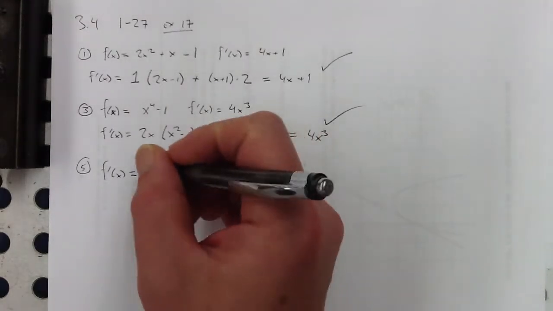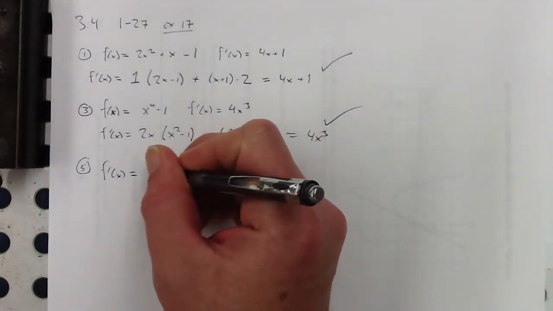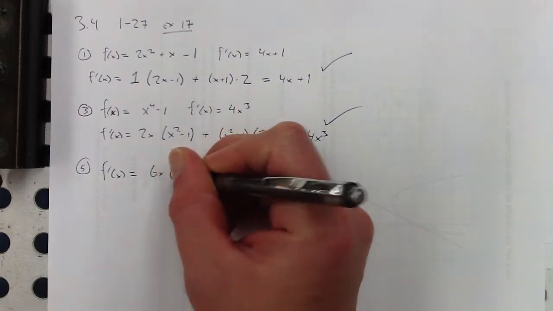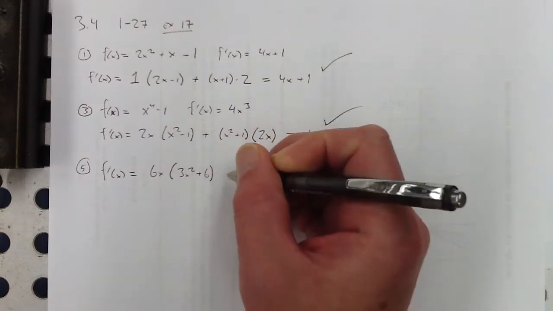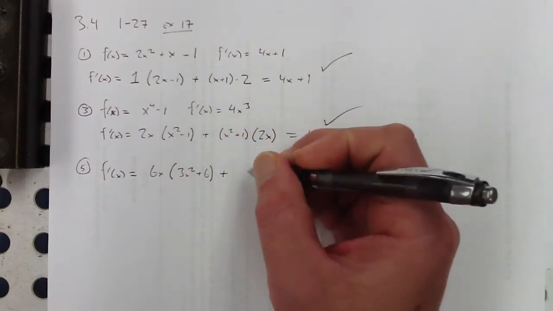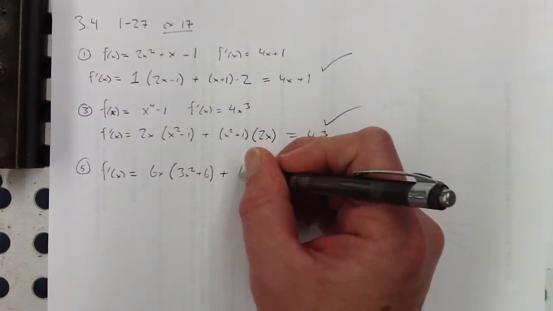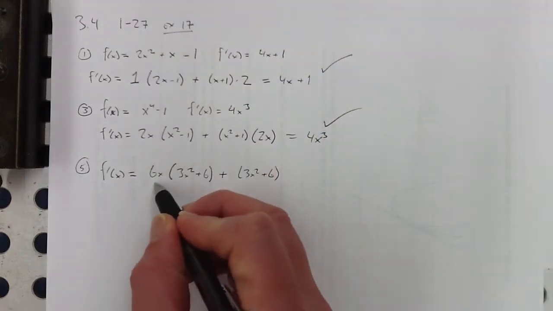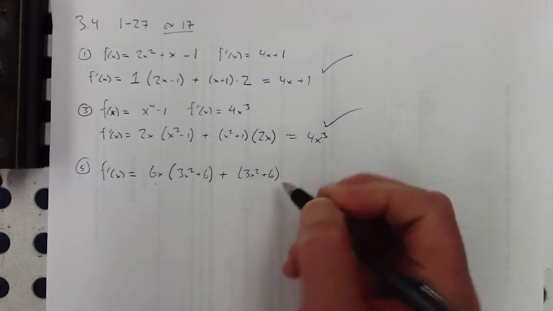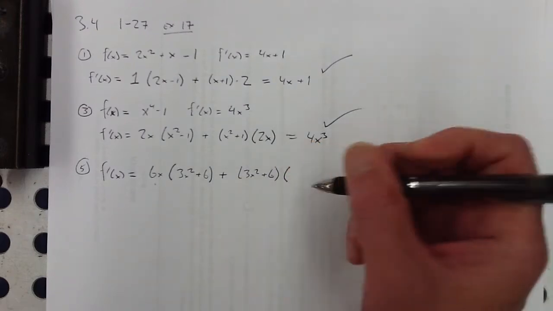All right, number 5. Derivative of the first plus the first. I think I never said this. So the derivative of the first times the second plus the first times the derivative of the second.